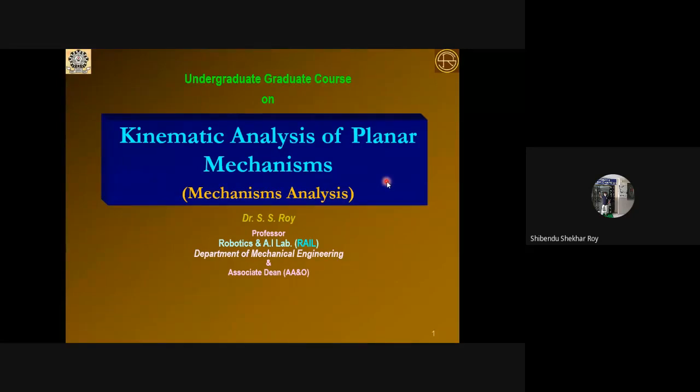And you call it a spatial mechanism when all the points of a mechanism do not move in parallel planes. But at the undergraduate level, here we learn only the mechanics of planar mechanisms, that means kinematic analysis and kinetic analysis of planar mechanisms.